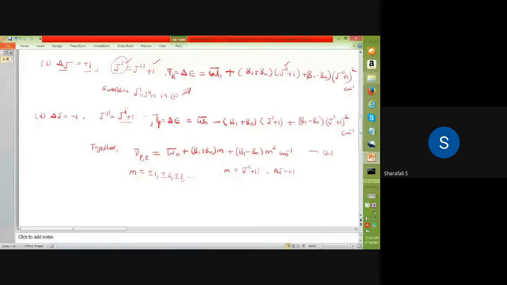And the m value will be equal to j' plus 1 and negative when delta j equal to minus 1. There we consider m as negative, so it will come as minus j' plus 1. And in this case, it will not affect, because when you are taking m as negative and taking the square of the negative, it will not affect the second term.